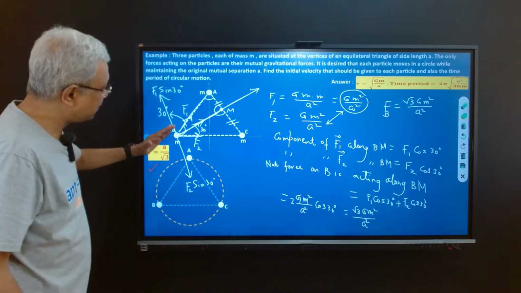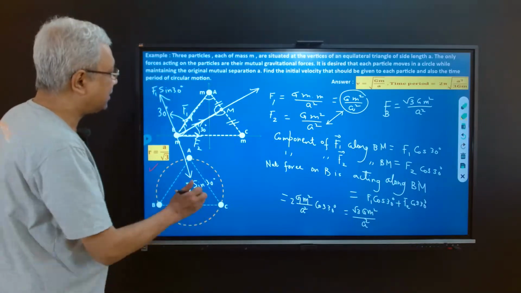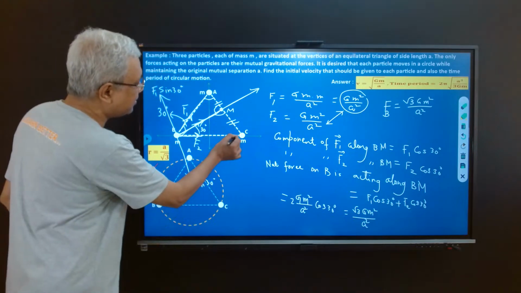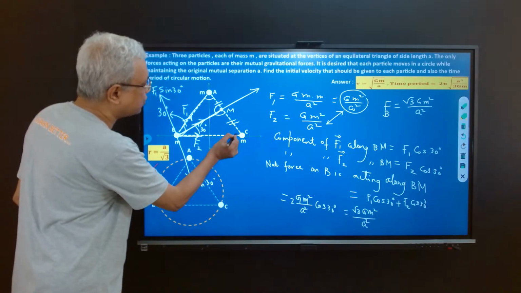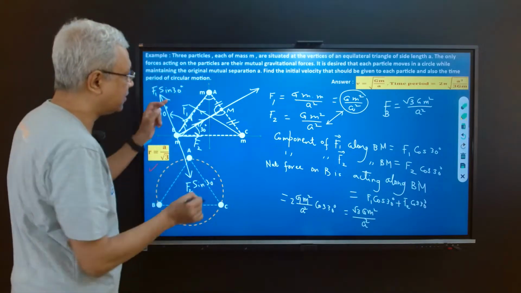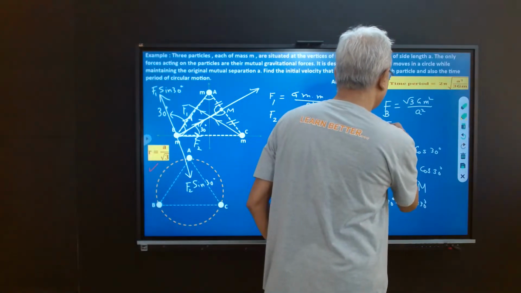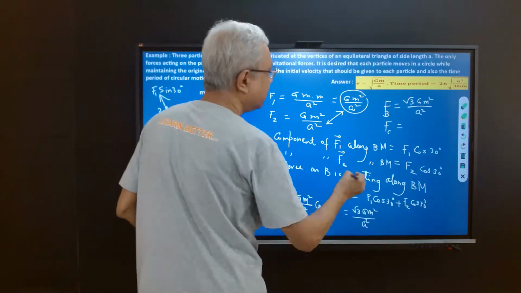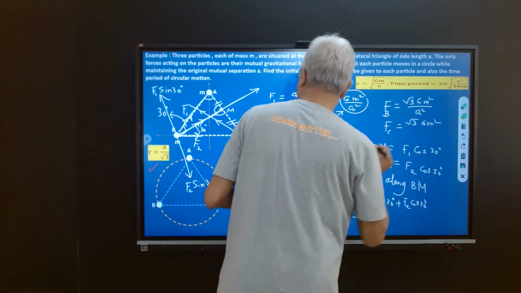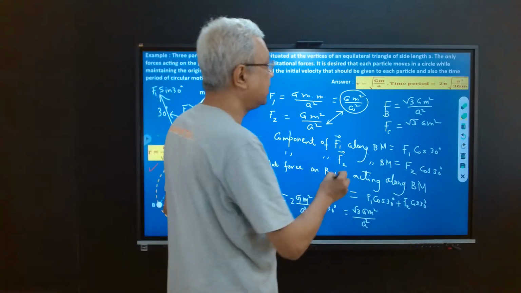Now see, this force is acting along the median. Similarly, if I apply the same treatment to C, then the resultant force will definitely act along the median in this direction, and its magnitude again will be the same, because in no way is particle C different from particle B. Same situation, identical situation.